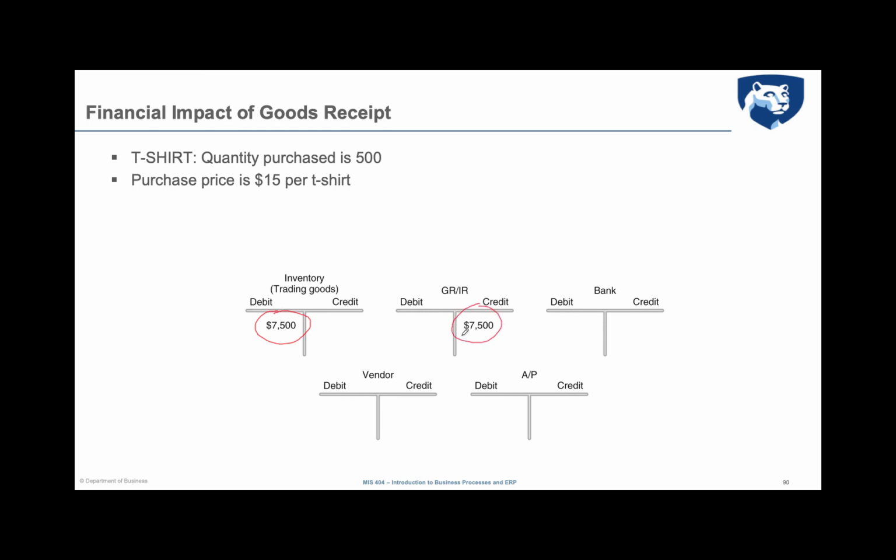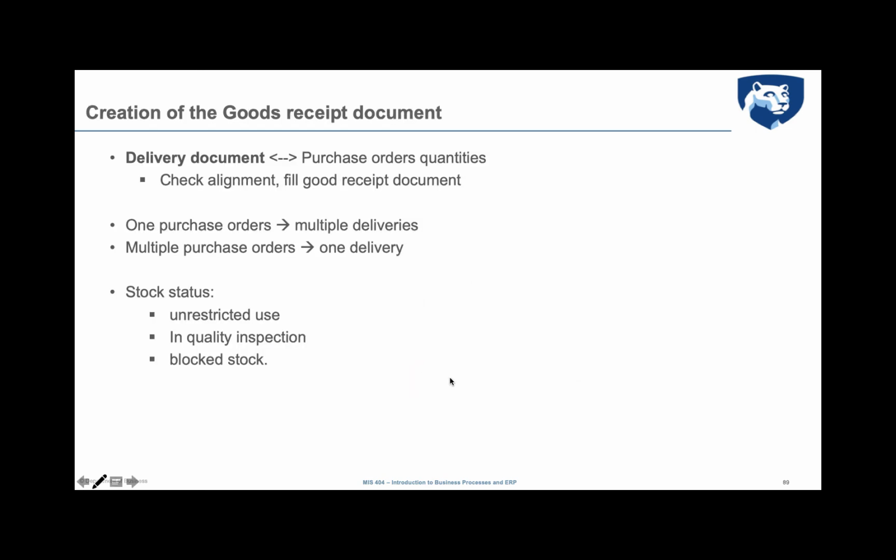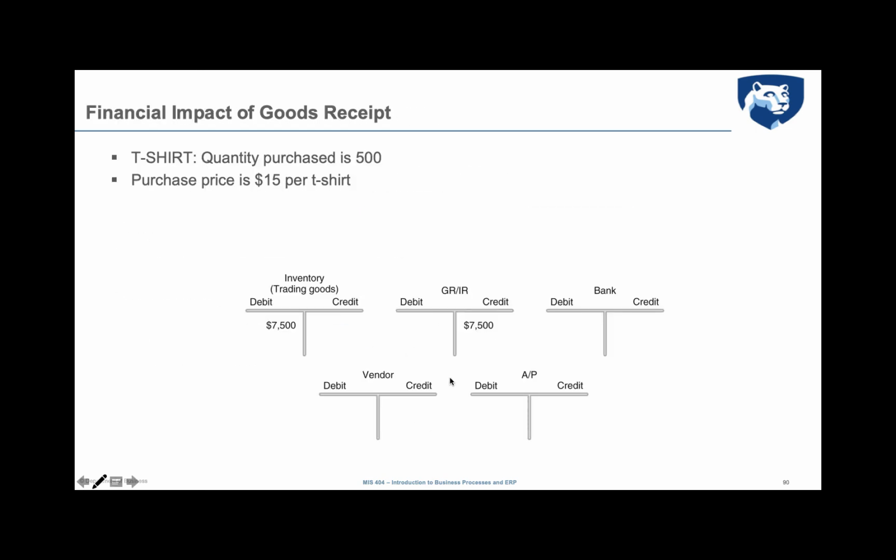And of course this is the general ledger, the sub-ledger account linked to the vendor, which will then be managed through the reconciliation account, as we saw in the accounting module.